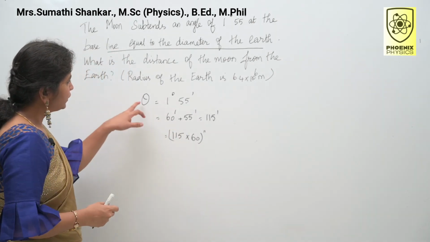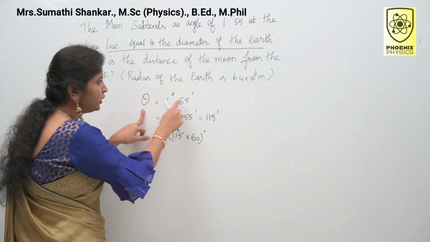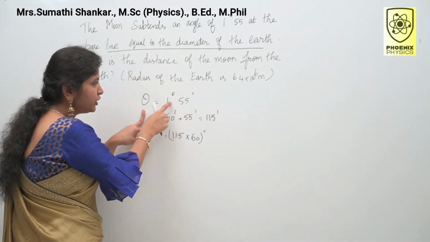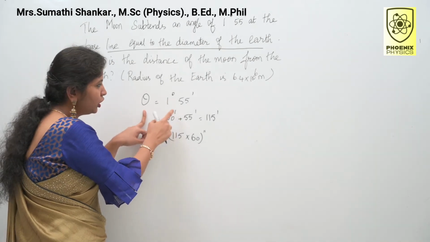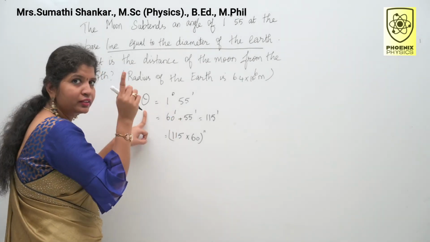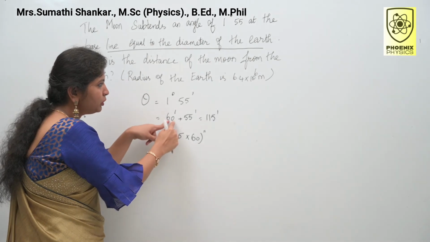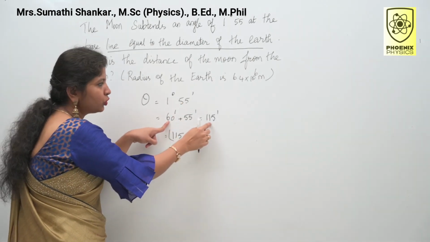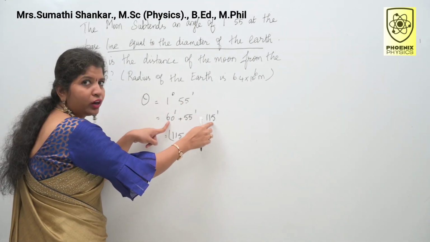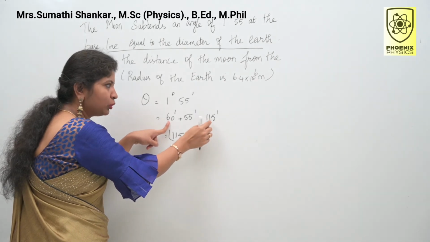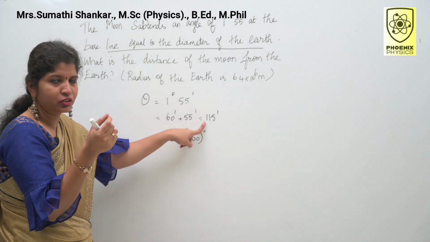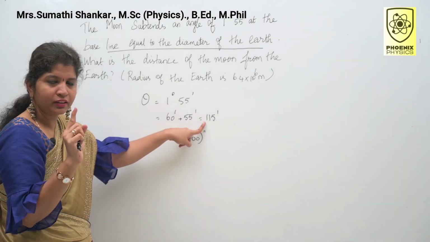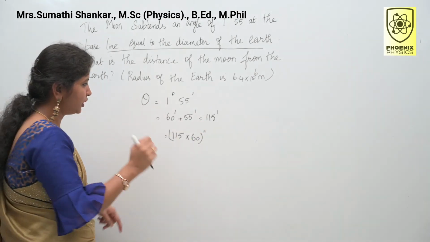So the theta is given, that is 1 degree 55 minutes, and first I convert this degree in terms of minutes. So 1 degree has 60 minutes, 60 minutes plus 55 minutes, totally we have 115 minutes. I am going to convert this minutes in terms of seconds. 1 minute has 60 seconds.